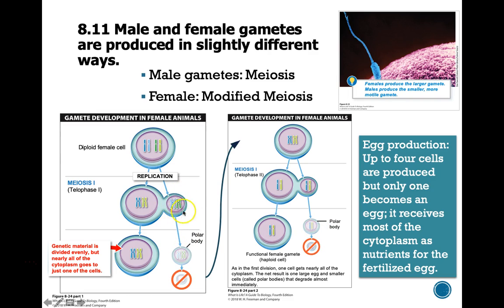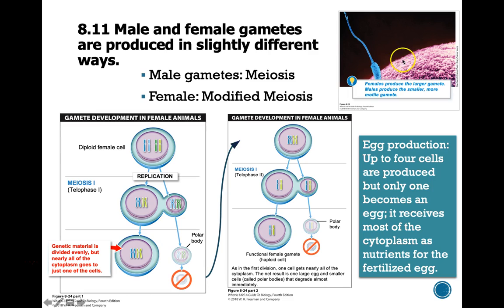So this one should divide into two cells. Neither one of those survive. And then this one that came out of this second division goes away as well. So those polar bodies are degraded in the uterus, and the only one of them, the large one that has the larger amount of cytoplasm, is the one that actually could potentially be fertilized by a sperm.